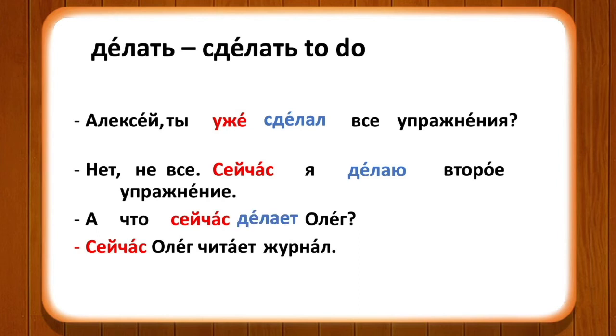А что сейчас делает Олег? And what is Олег doing right now? Сейчас он читает журнал. In the answer, again we are using an imperfective verb читать. So right now Олег is reading a magazine.